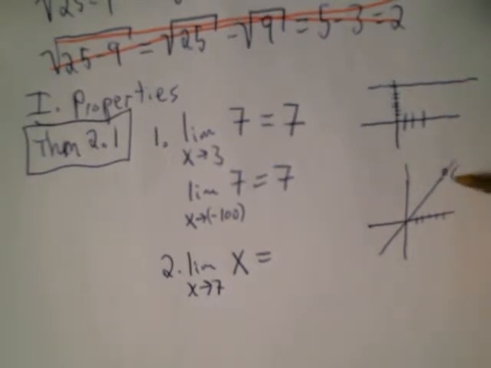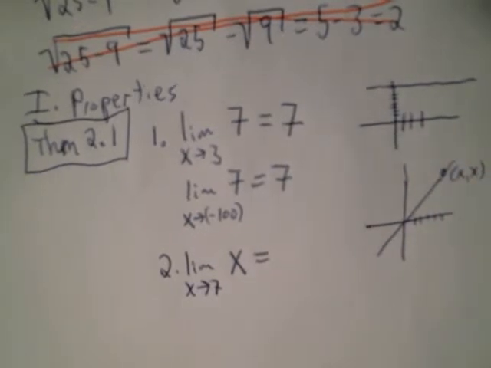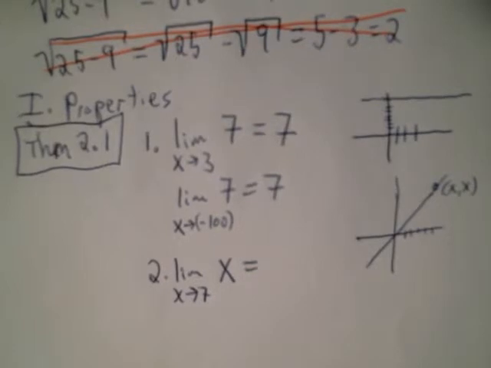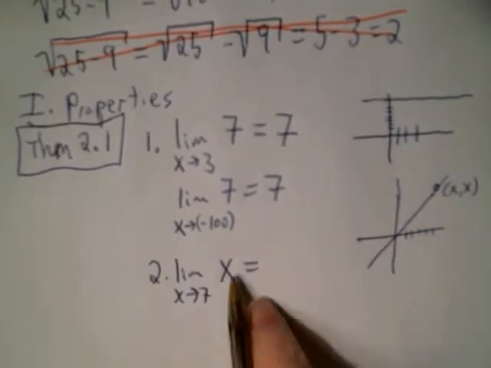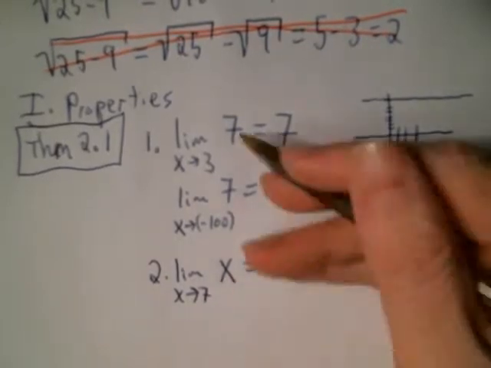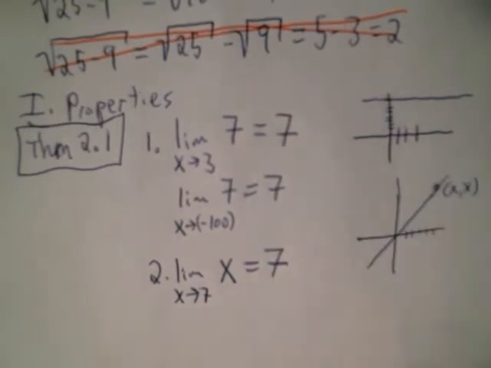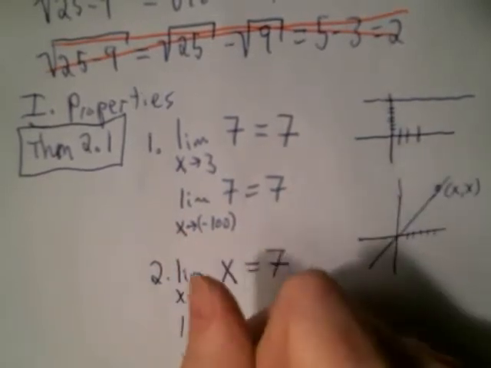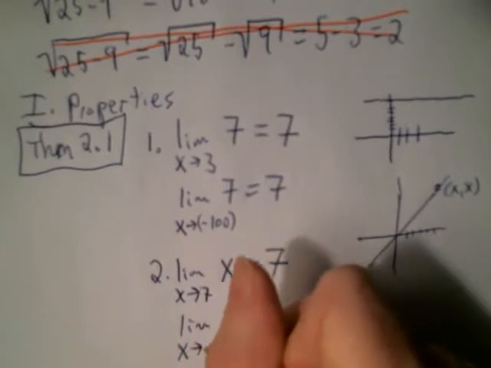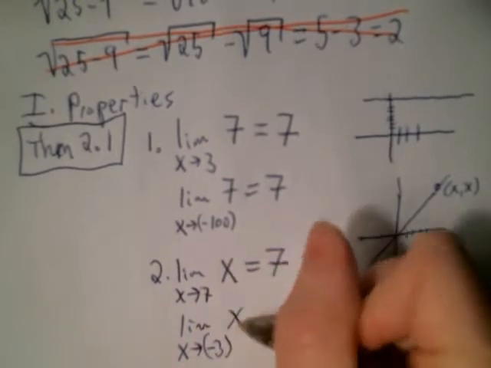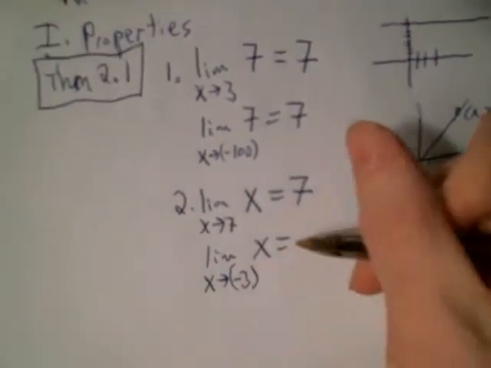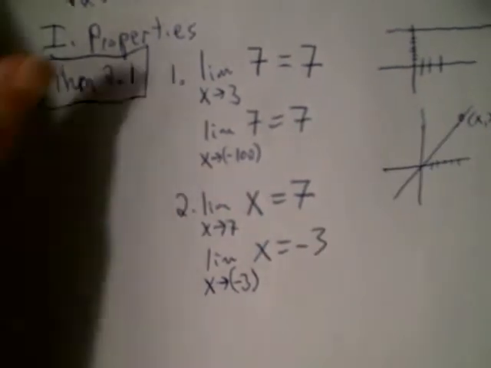Okay, so this point is always just x comma x. Whatever the x value approaches, that's what the y value approaches. But you could do a substitution. You can literally just put the 7 in for x, and you end up with 7. Another example, what's the limit as x goes to negative 3 of x? Then you could just put negative 3 in for x, and your limit is negative 3. Okay?